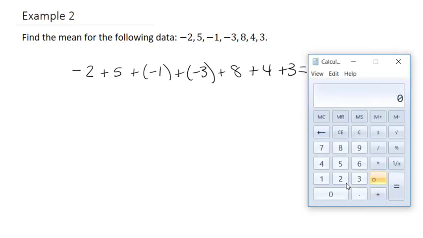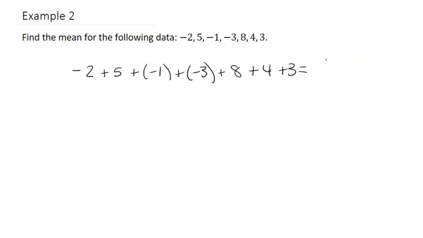So we get -2 plus 5 minus 1 minus 3 plus 8 plus 4 plus 3. And we get 14. So when we add up all the numbers, we get 14.